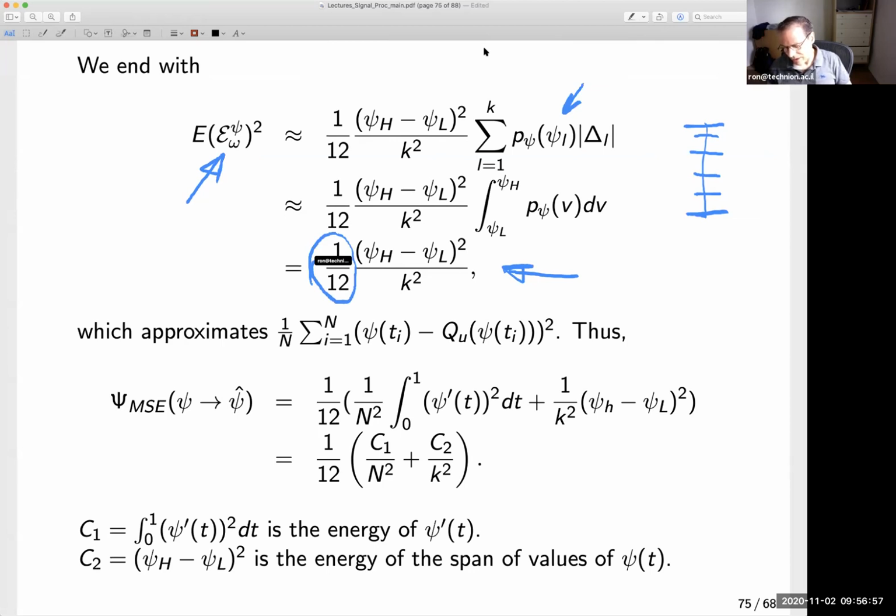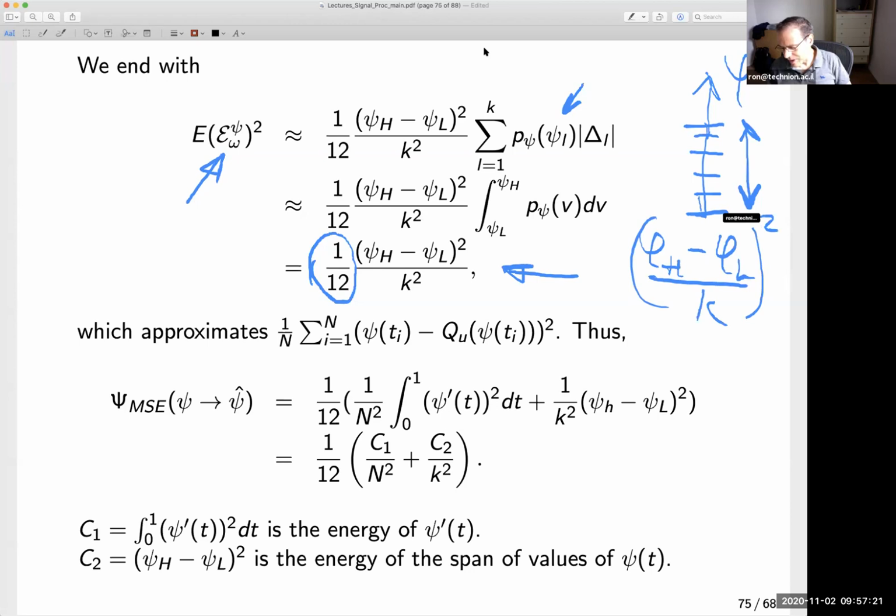So again, what we got at the end of the day is that the penalty of quantizing uniformly the phi values, the psi values, is nothing but the size of this interval. So it would be phi high minus phi low divided by k, and then you square it.